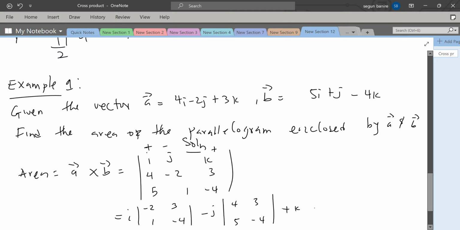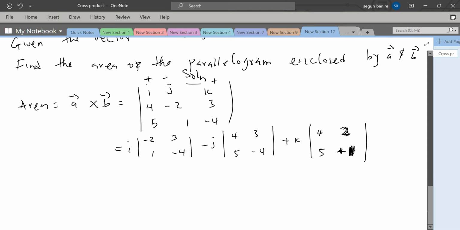And then for the K, you get 4, 2, 5, and 1. So I'm just checking.